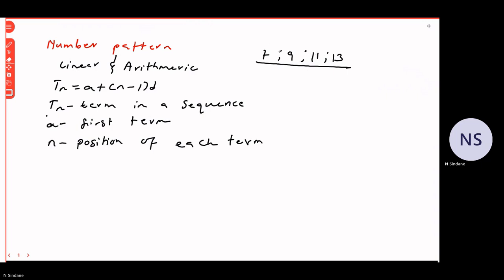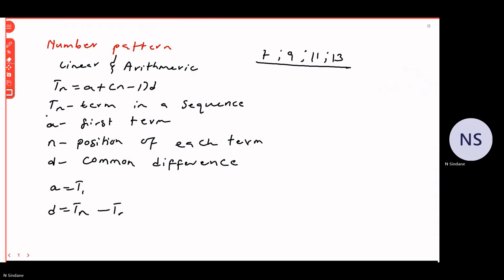Now we also need to know what d is. d represents our common difference. In simple terms, a = T1, while d = Tn - T(n-1).